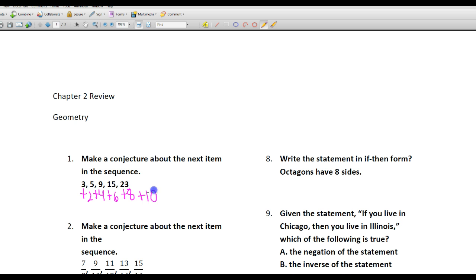So plus 10, the next item in the sequence would be 33. Because our conjecture would be that each item is the next consecutive even number more than the previous item. So we're adding consecutive even numbers to the previous item.